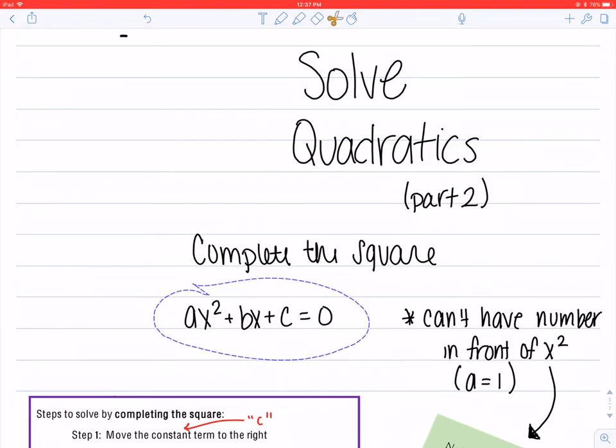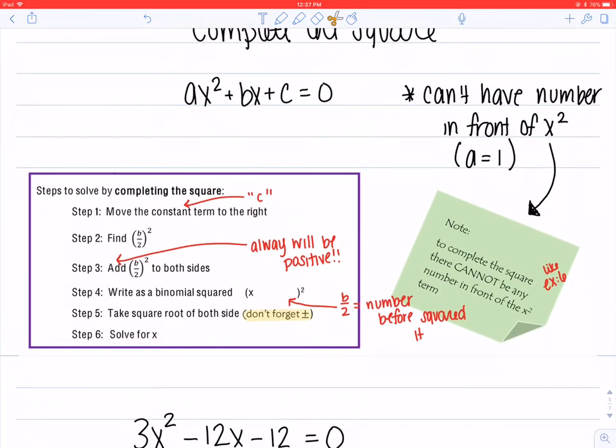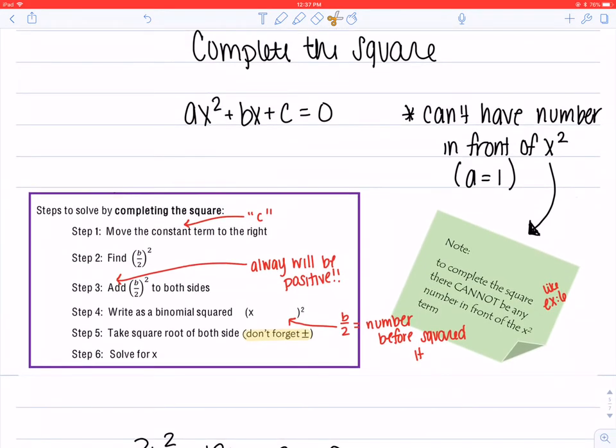So the same form that we were factoring, a is the number in front of the x squared, b is the number in front of the x, and then c is the constant. The thing to remember is that with completing the square, you cannot have a number in front of the x squared. So a has to equal 1. If you have a number, you have to first divide through by a, like we'll see in this example, and then go forward with these steps.